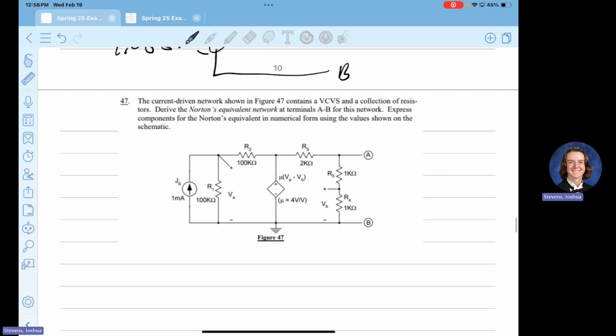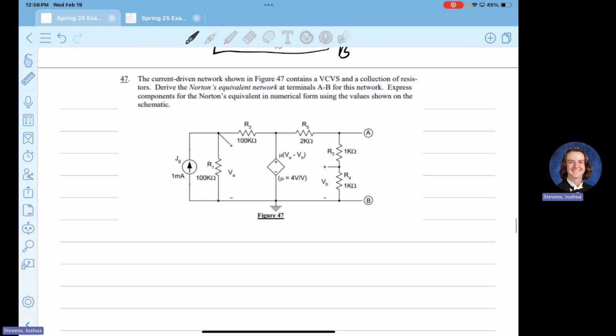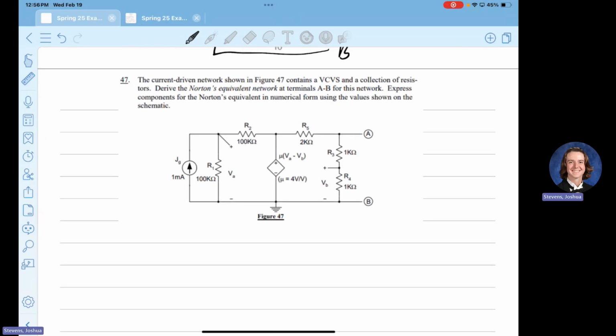Do y'all want me to do a Norton's, or is it kind of just straightforward because it's the opposite of that? I have one more problem after this as well.